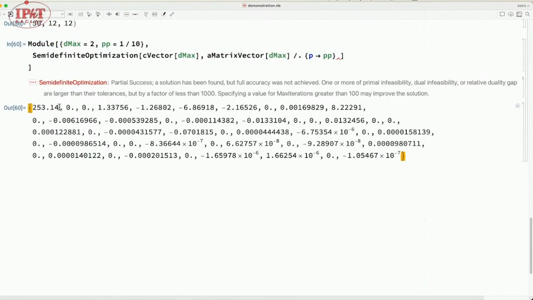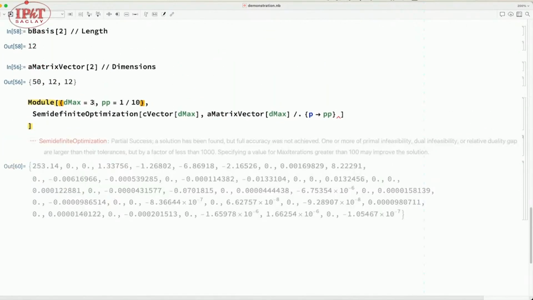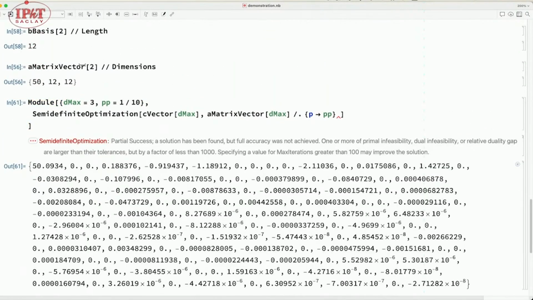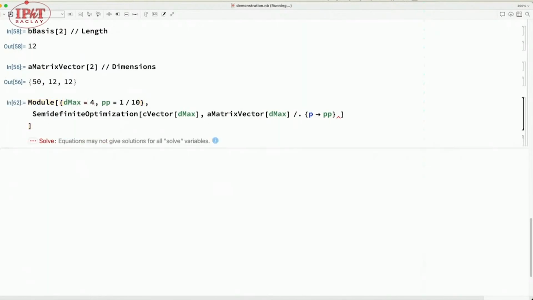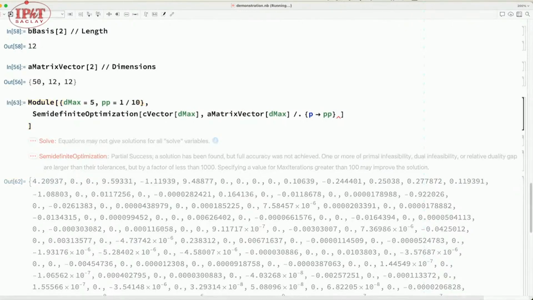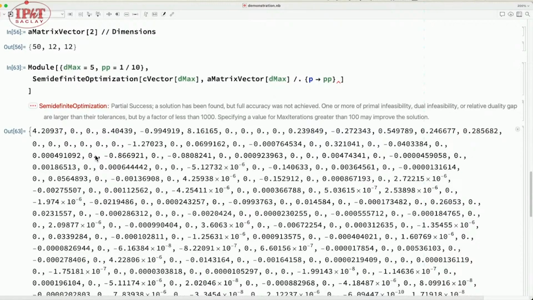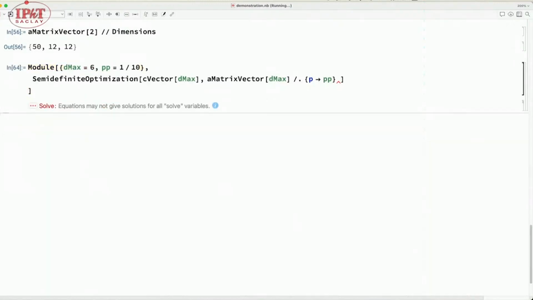Success. It's okay. This is not quite 4, but maybe that's just because we haven't used polynomials of high enough degree. So let's try to increase it. Okay, this increases. Okay, it's tending to 4. You run it for 5. From 4 to 5 didn't really improve.